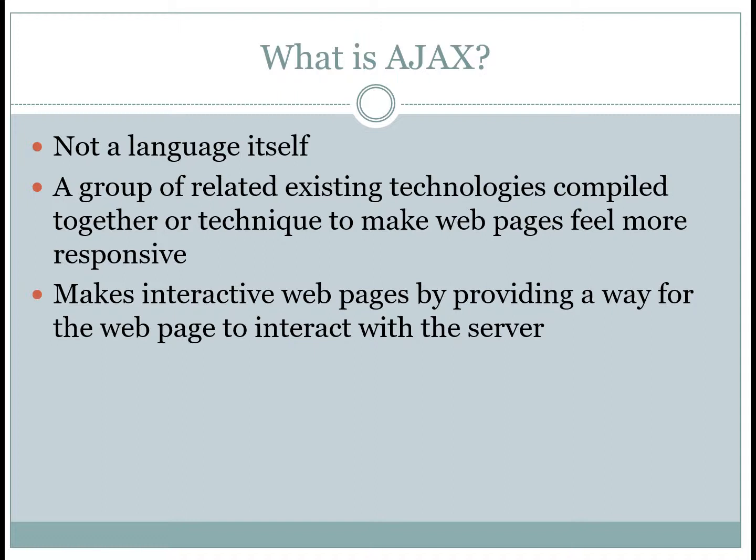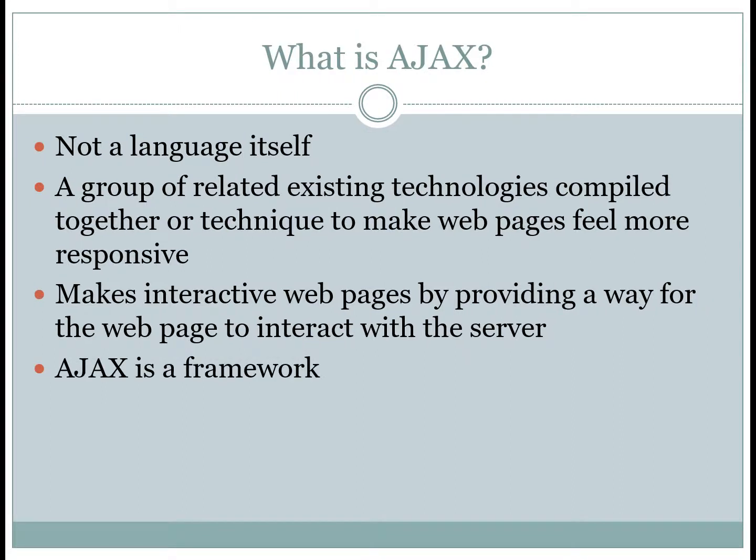AJAX makes interactive web pages by providing a way for the web page to interact with the server. AJAX is a framework. AJAX is a client-side script that communicates to and from a server and database without the need for a postback or a complete page refresh.